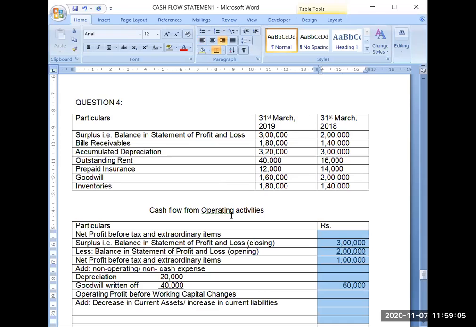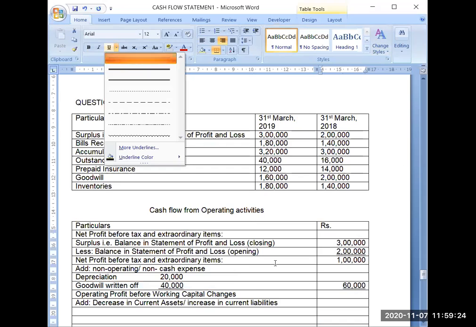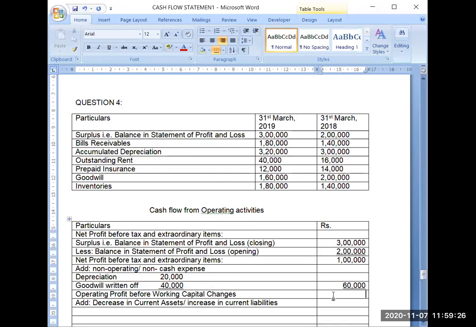After adding 60,000, I will get operating profit before working capital changes. I don't have any non-operating income here. So my operating profit will be 1,60,000.